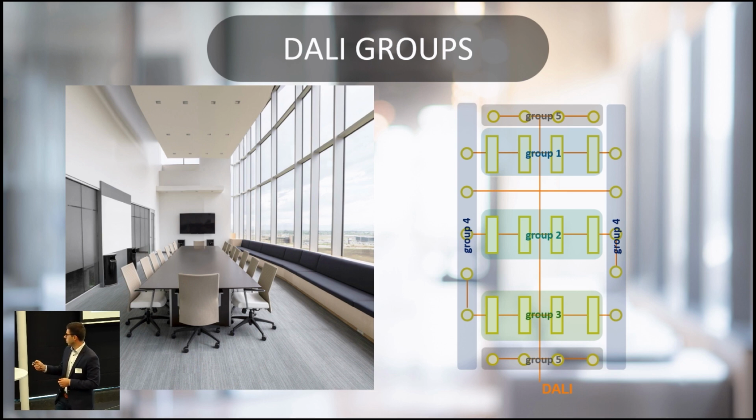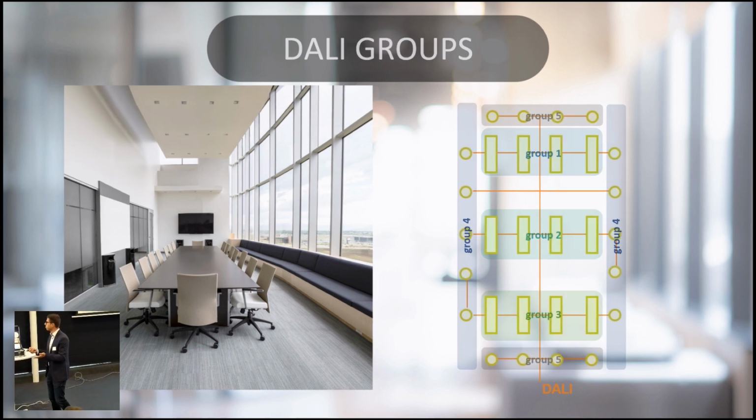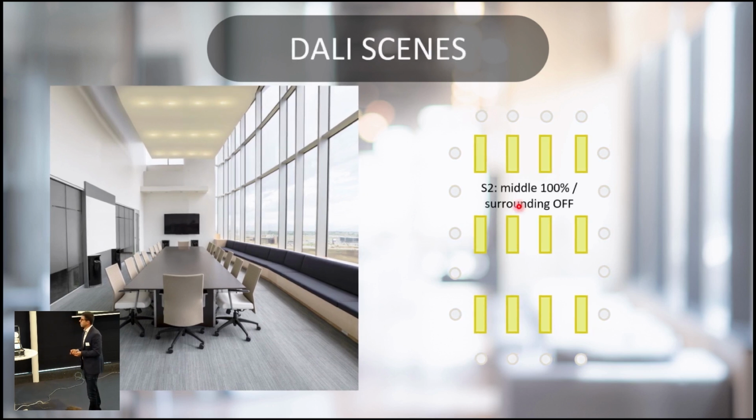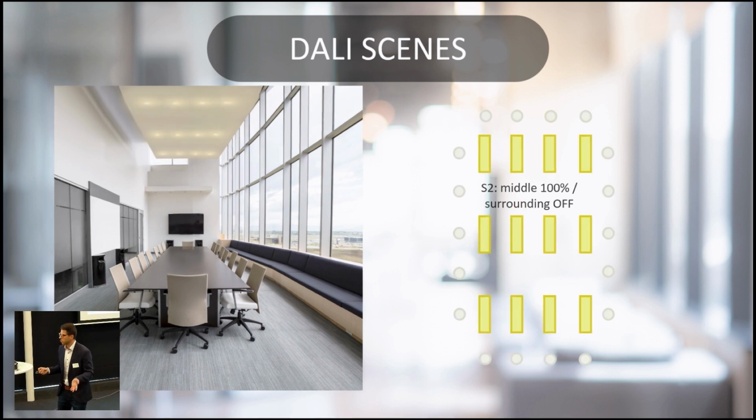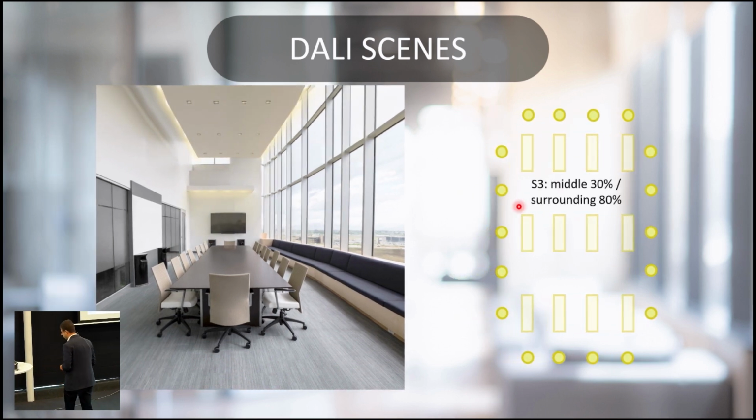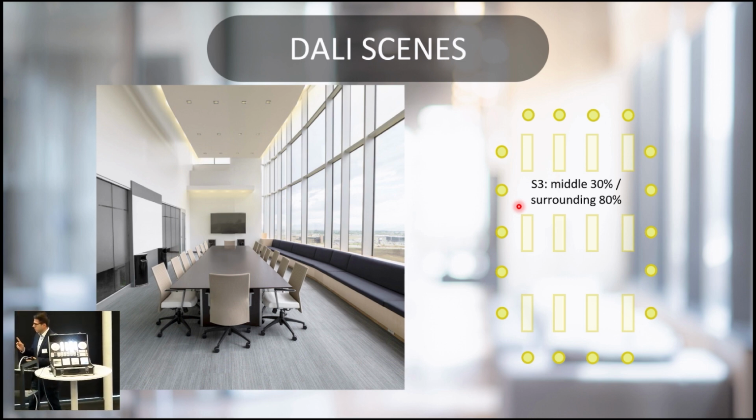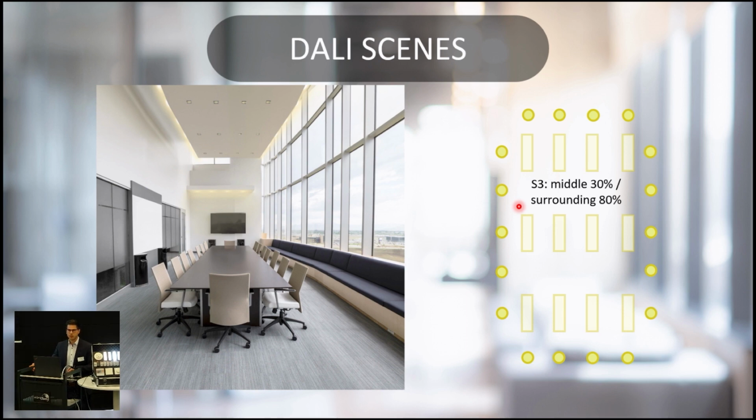And then you have the possibility to group those devices, so those different addresses get different groups in the way you want to design it, the way you want to plan the room. And the scenes could then look like this: middle 100%, the outside lighting is off. So there are endless possibilities to build up scenes and groups. But you have to remember that the amount of groups and scenes is limited. 16 scenes are available and 16 groups.